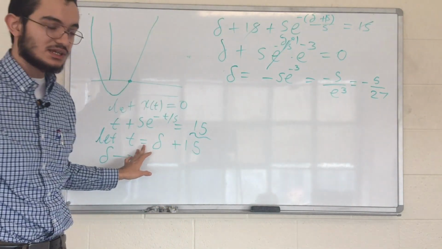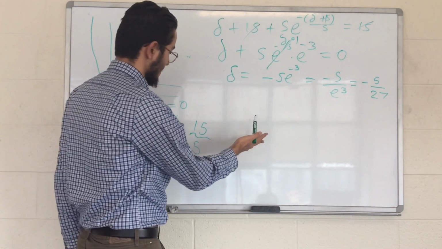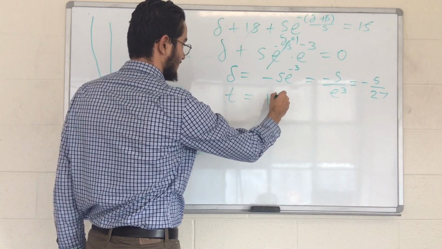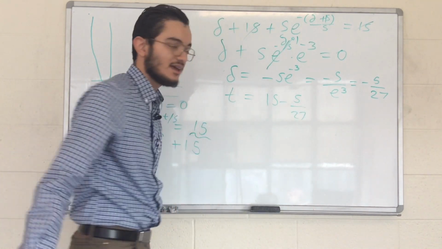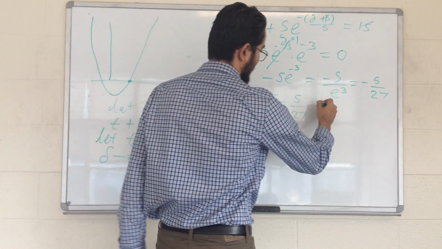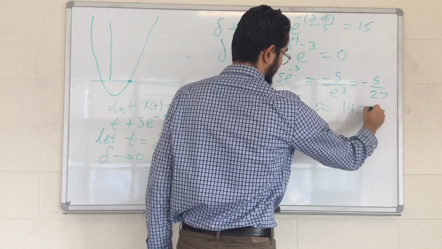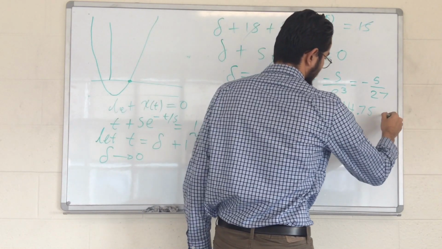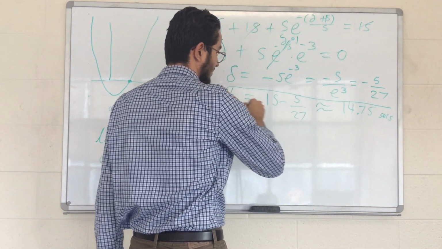And we know that initially we let t equal delta plus 15. So in that case, t is going to be 15 minus 5 over 27. And that turns out to be about 14.75.